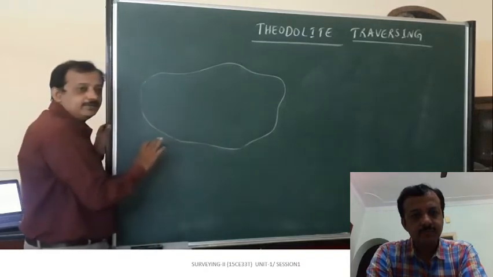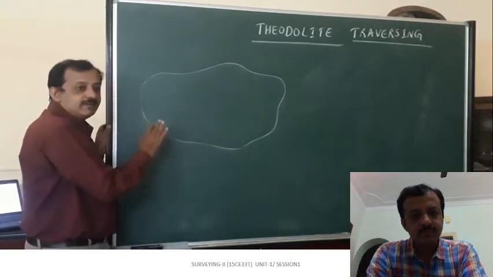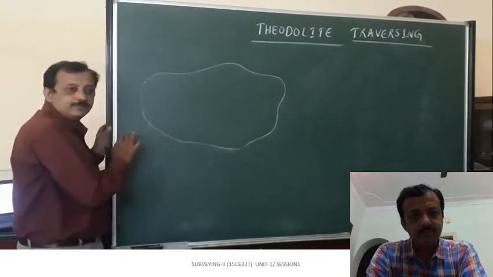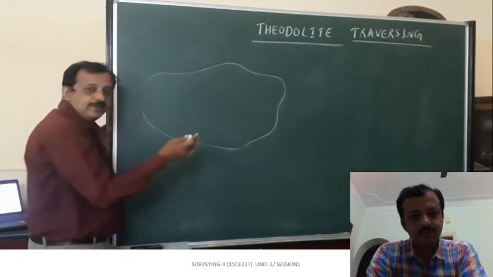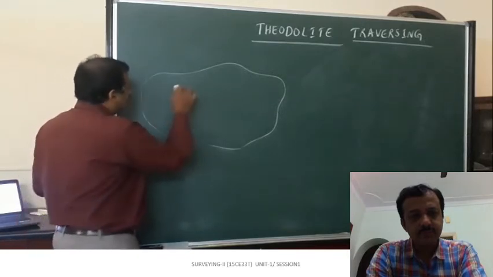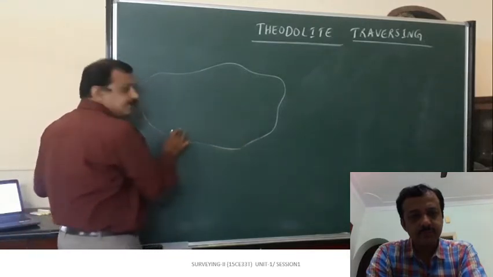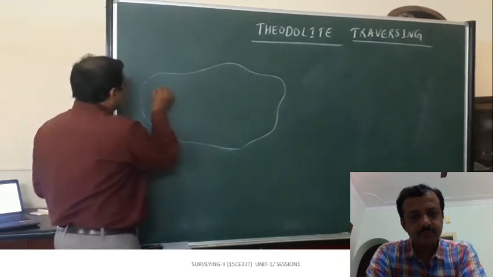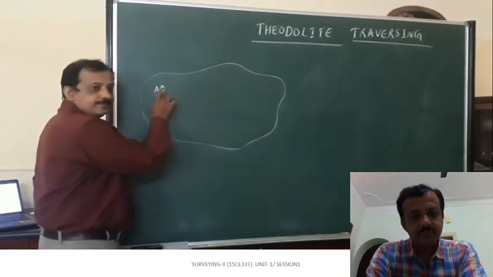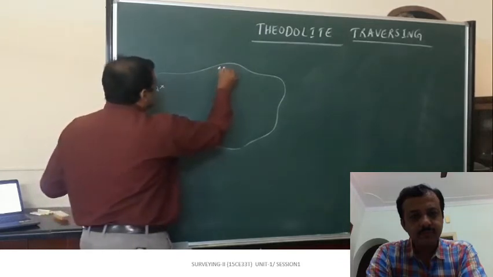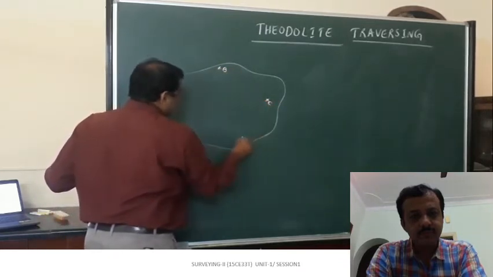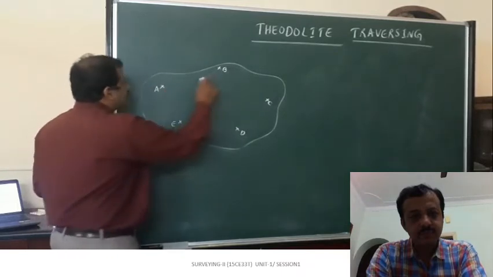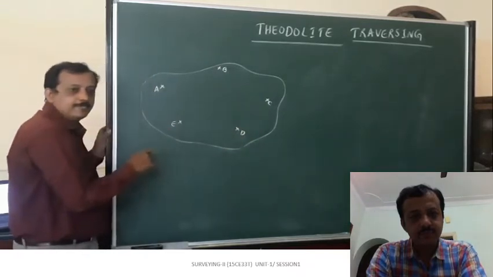The objective of my survey is to find the area of this portion, and not only that, I want to establish main control points in this area. So I take these as the main stations: station A, B, C, D and E. I am establishing five stations here.